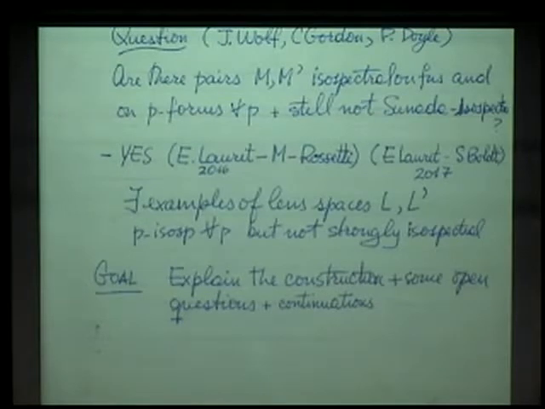The answer is yes. We constructed length spaces that have that property. So pairs of length spaces that are p-isospectral on forms for all p, but still are not isospectral on certain bundles.